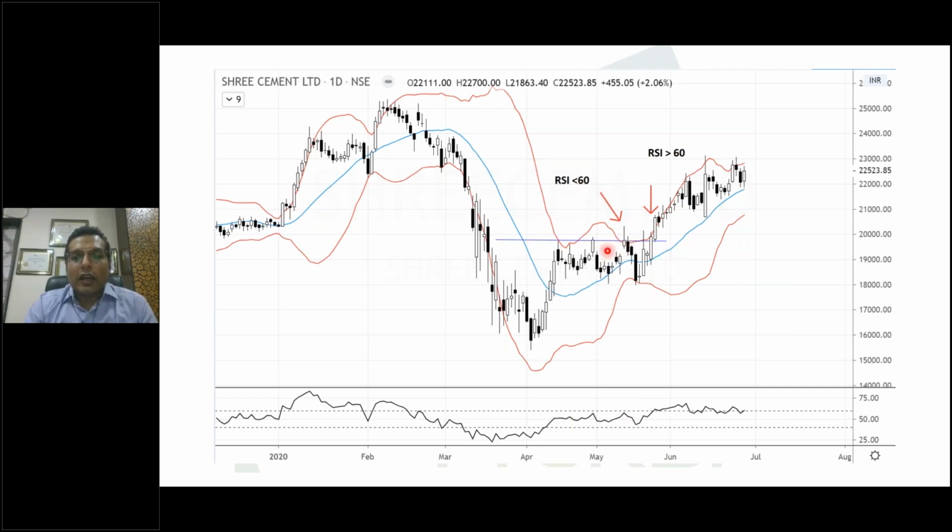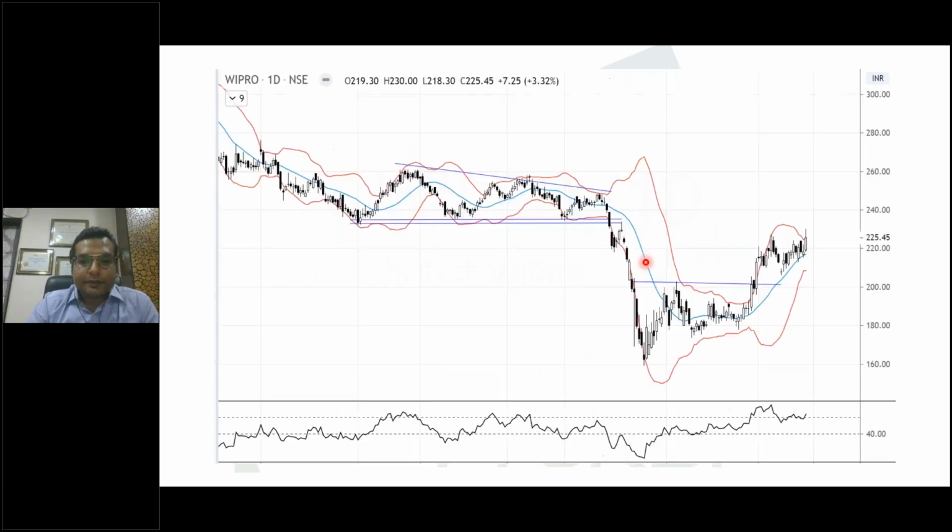Again, at these levels, the bands expanded, the price was above the resistance zone, and we had the support of RSI also. This was a very good signature move that we are looking at. These are the types of breakouts that you should really follow and look at.